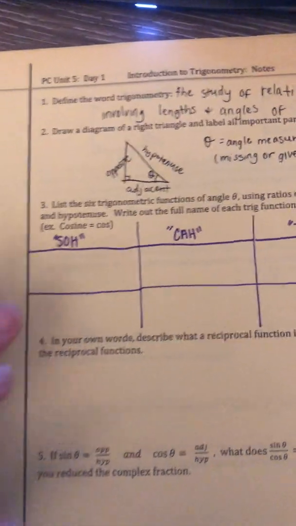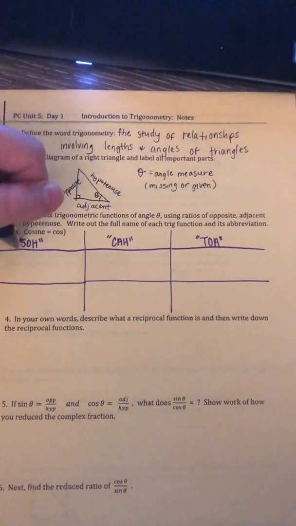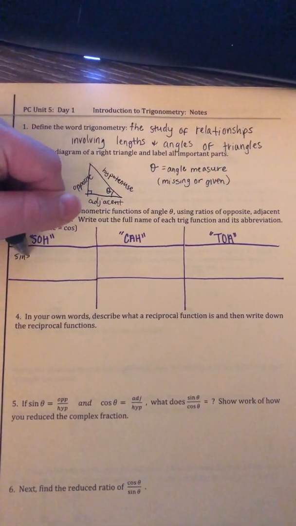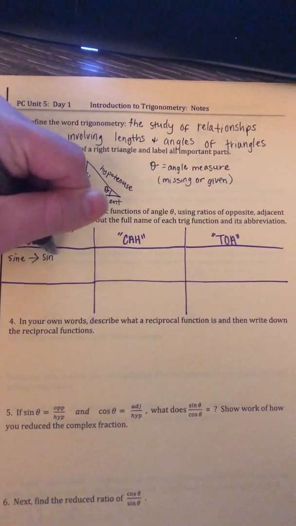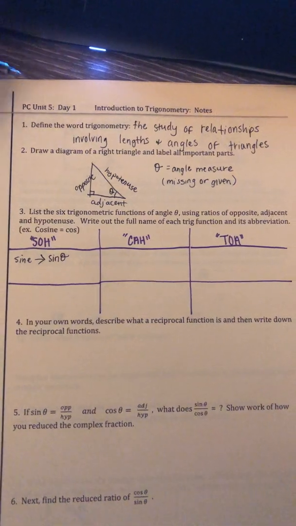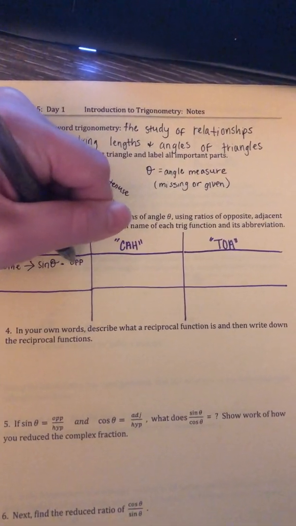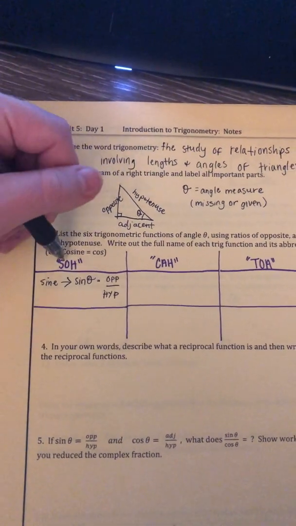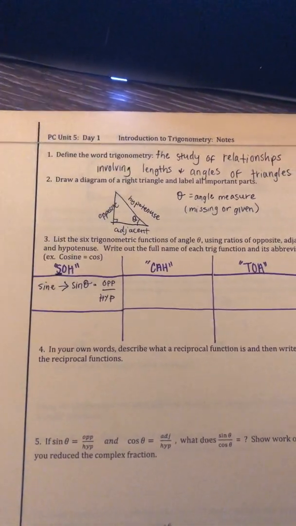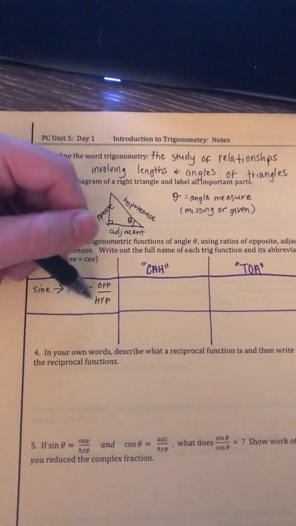All right, so let's talk about SOHCAHTOA. I know that you guys have had quite a bit of experience with SOHCAHTOA. The SO is always going to be sine, which is represented by this on the calculator, and it's always going to be equal to opposite over hypotenuse. For those of you who are behind, the S represents sine, and OH represents opposite over hypotenuse, so SOH.